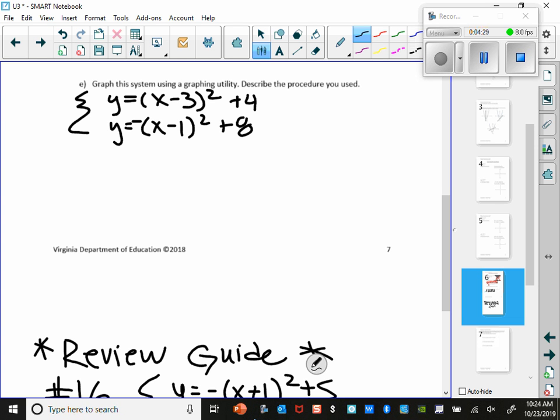The part of this whole process that you guys are struggling with the most is just the basic Algebra 1 content. So thinking about you're setting both of them equal to each other, right?